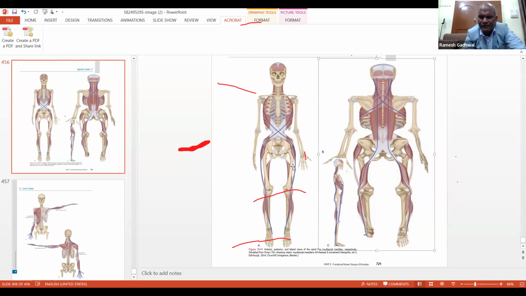Then left treat the right. So here you see this spiral line is going, then it is going to the left. Then it circulates and it is going to the right.